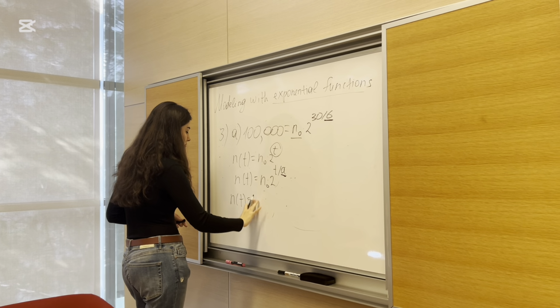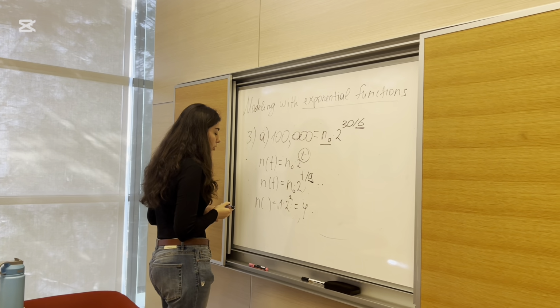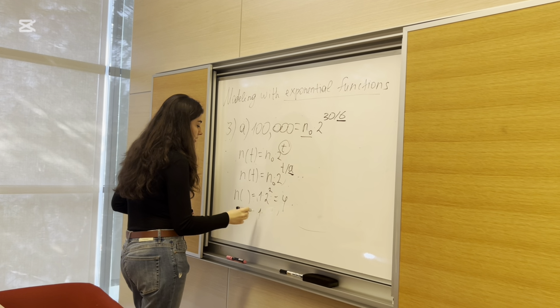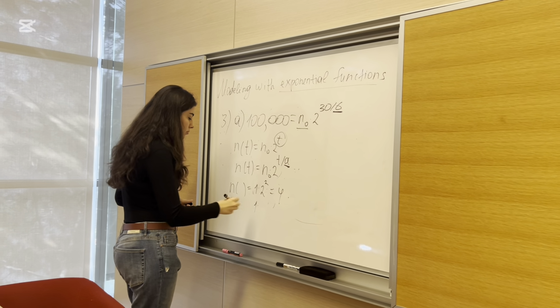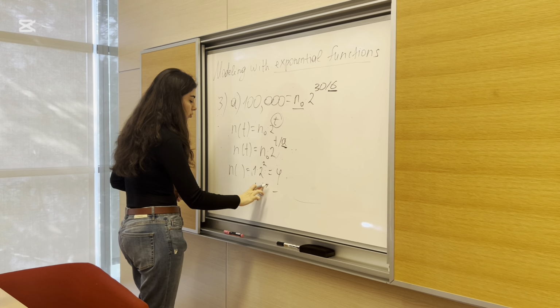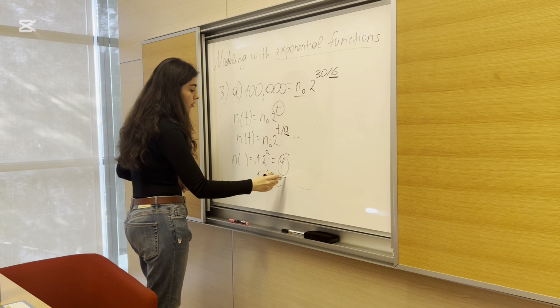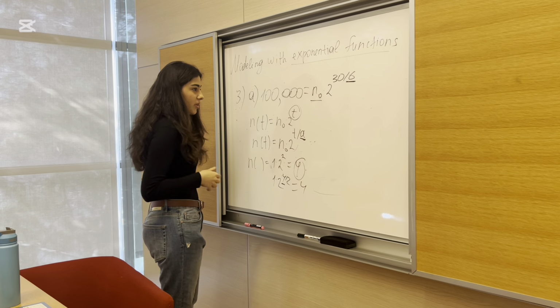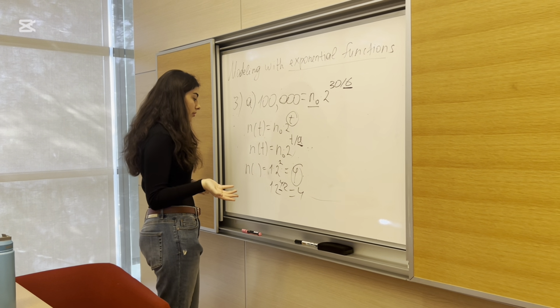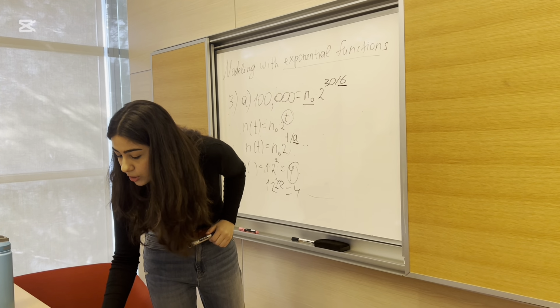If before it was 2 to the power of 2, and n is equal to 4, meaning it doubles every 2 hours, we will reach the same number only after 4 hours instead of 2, because it doubles every 2 hours, not 1.